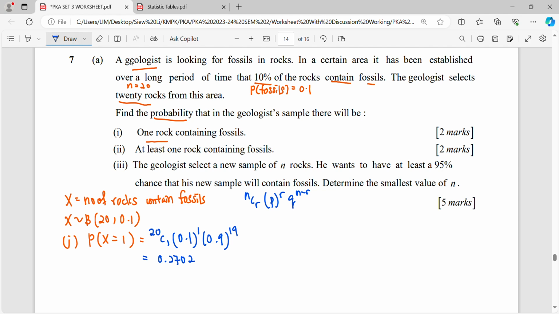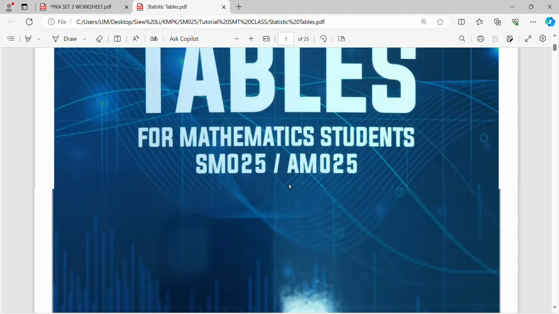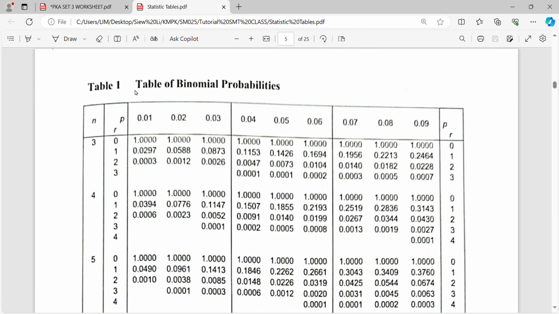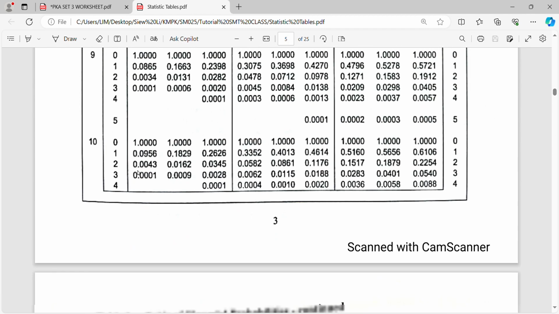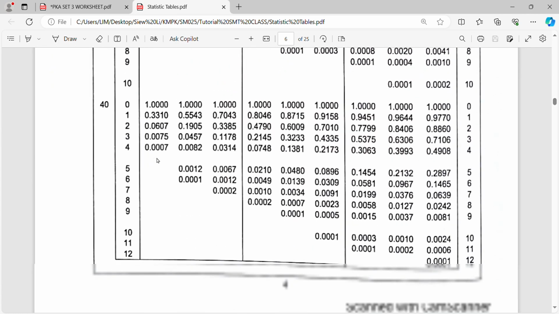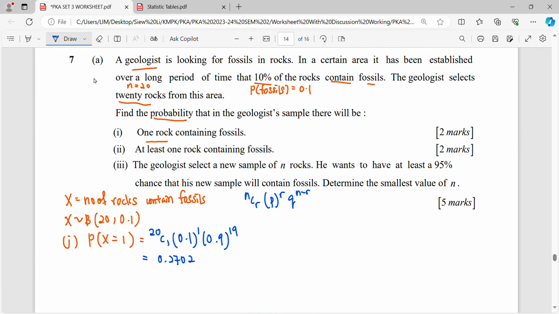Besides using the formula, we can try to see whether the table has it. Sample 20, 0.1, the binomial table. You have it on page 4. So another method is to use the table.